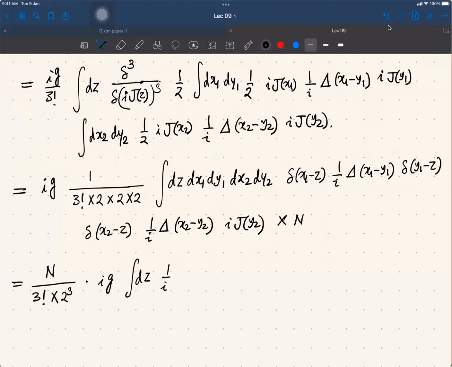So 1 over I delta z minus z, okay, dy2, and x2 also becomes z, which is 1 over I delta z minus y2, j y2.